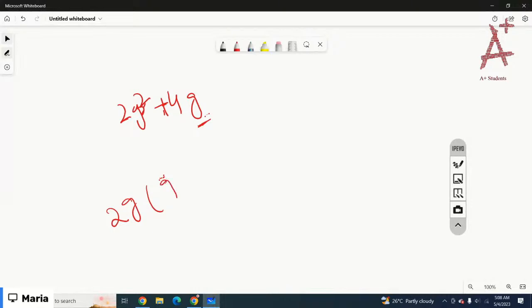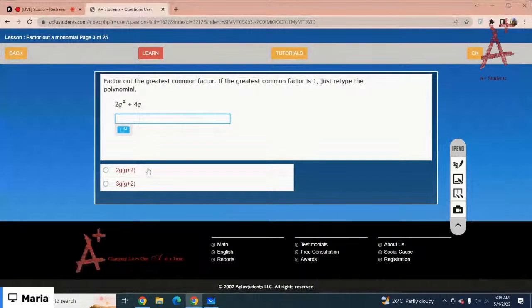So you are left with g plus 2. The correct option is 2g times g plus 2. It would be option number 1.